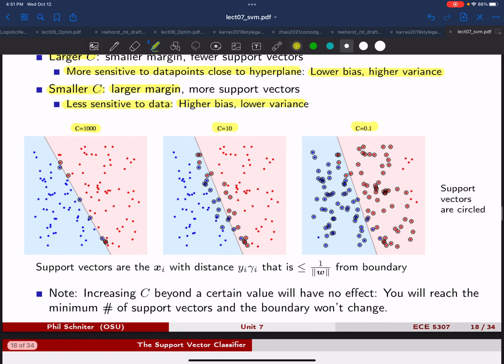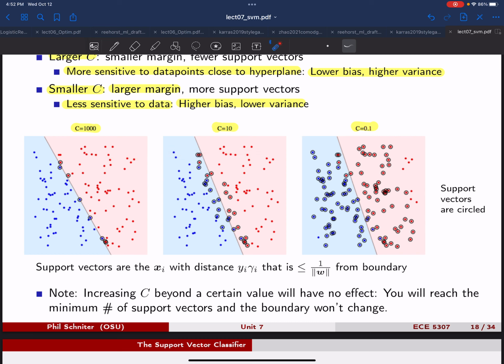Okay, so is that idea making sense? So we have this important parameter to tune, C, when we train our SVM. C, more or less, controls the number of support vectors. As you can see, as C is getting smaller, number of support vectors is increasing.